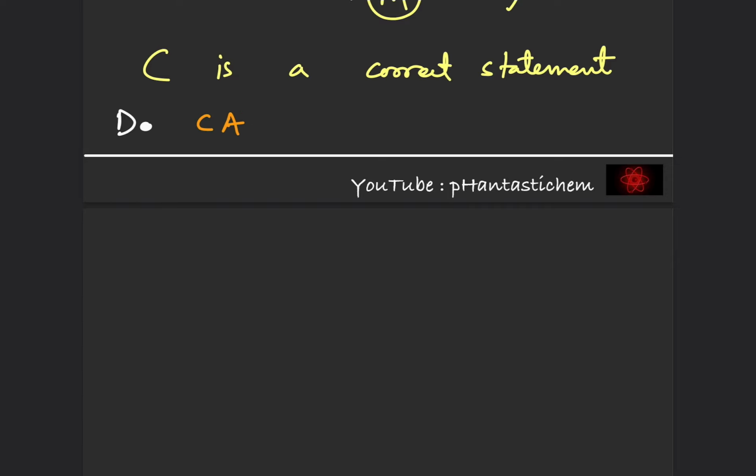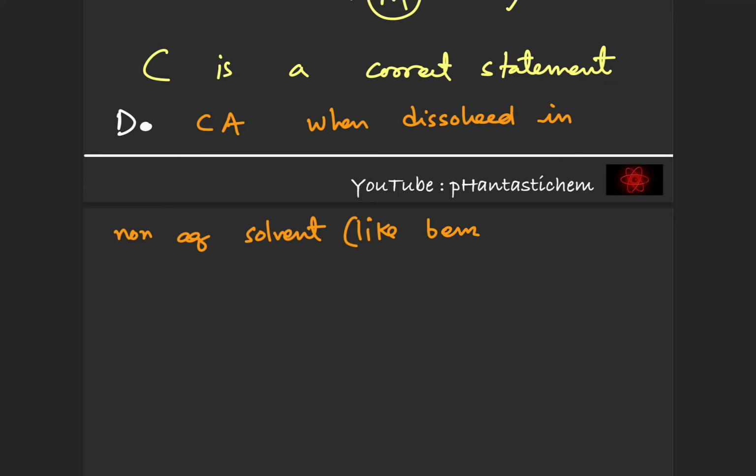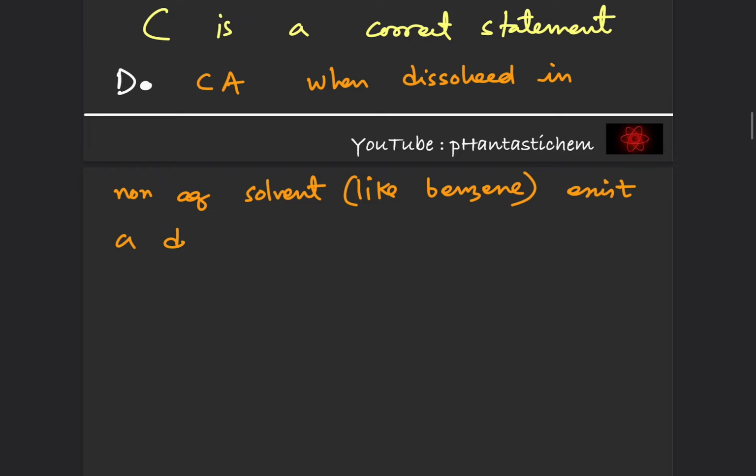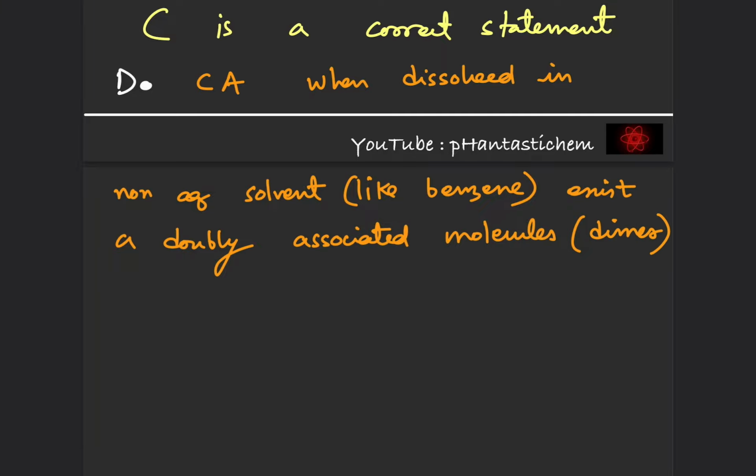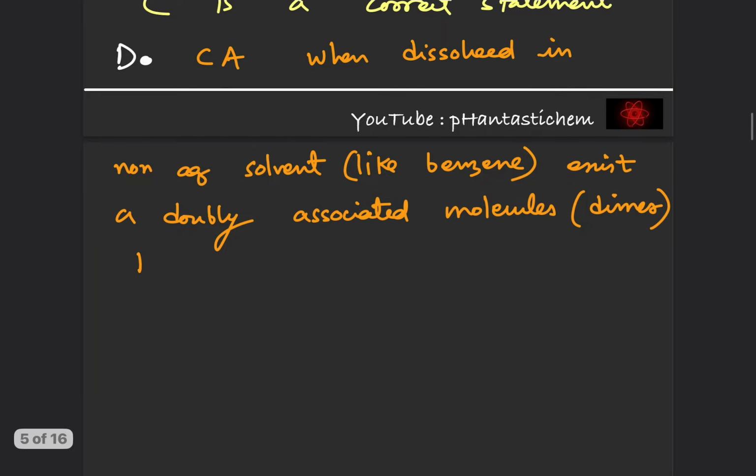Carboxylic acids, when dissolved in non-aqueous solvent like benzene, exist as doubly associated molecules, which are also known as dimer, due to hydrogen bonding.